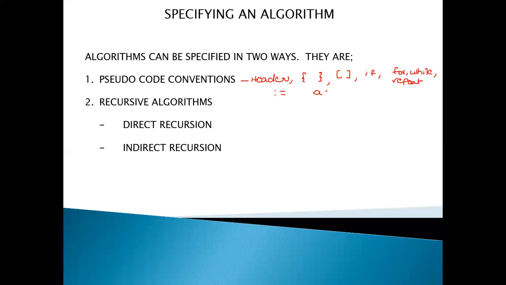For the assignment statement, we specify colon equal to. For example, a is assigned 10, we specify a colon equal to 10. Each statement is ended with a semicolon. The relational operators are greater than or equal to, less than or equal to, not equal to, and the logical operators are and, or. These are the operators which we are going to use in the algorithm.